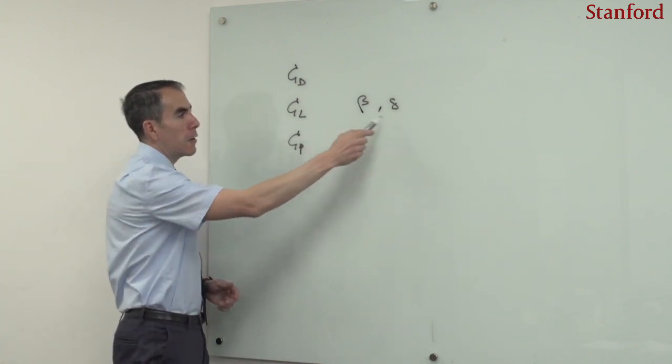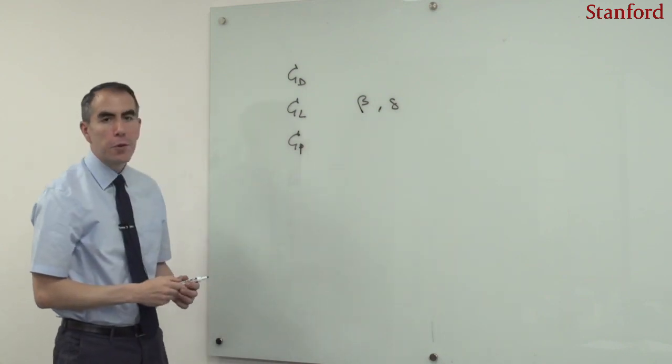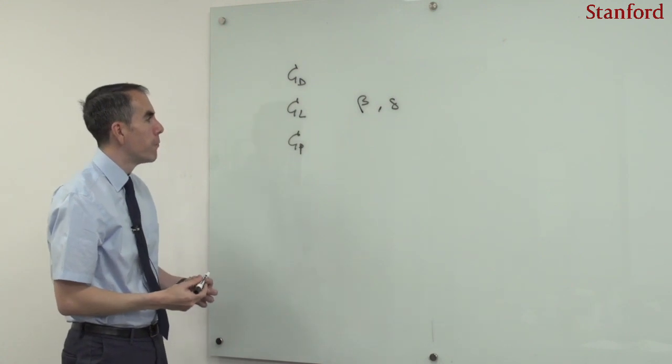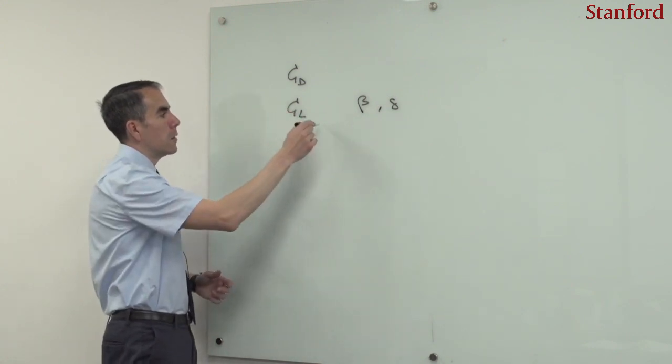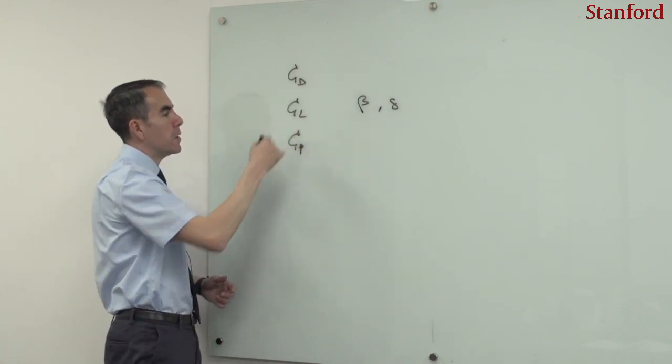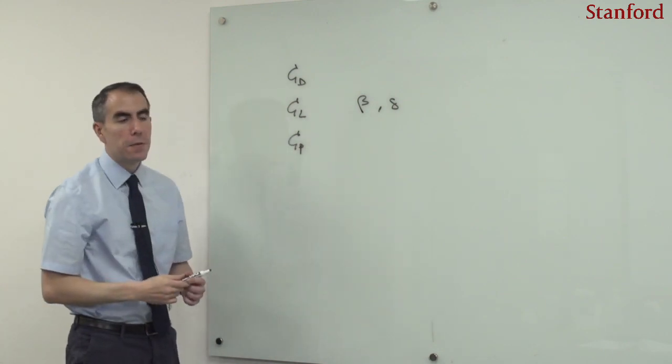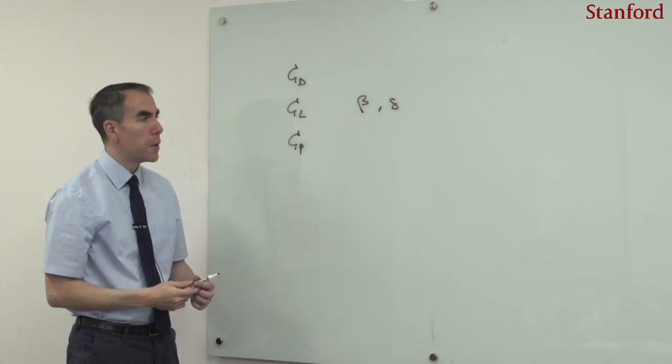And these angles, beta and delta for the shock waves, can be obtained from the inviscid theory. So that the viscosity is negligible in these coefficients simplifies greatly the problem.